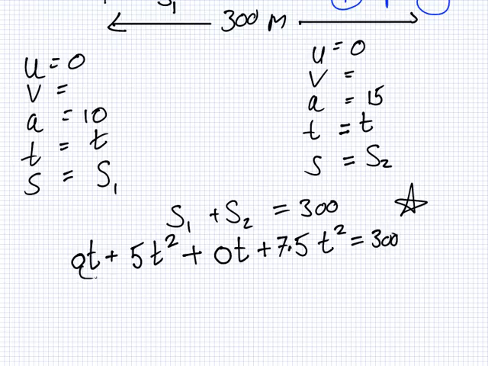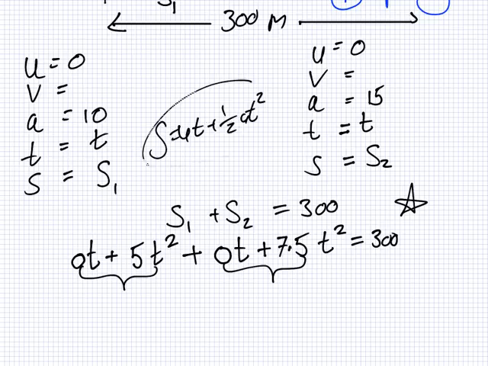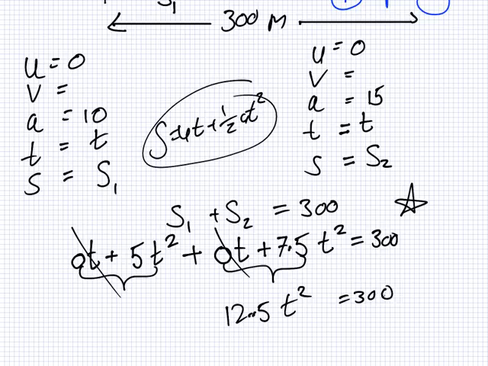So this is the S1 and this is the S2 using the formula UT plus a half AT squared. That's the formula for S. So 0, 0, together that's 12.5 T squared equals 300. Take that down and then square root, and we have our answer.